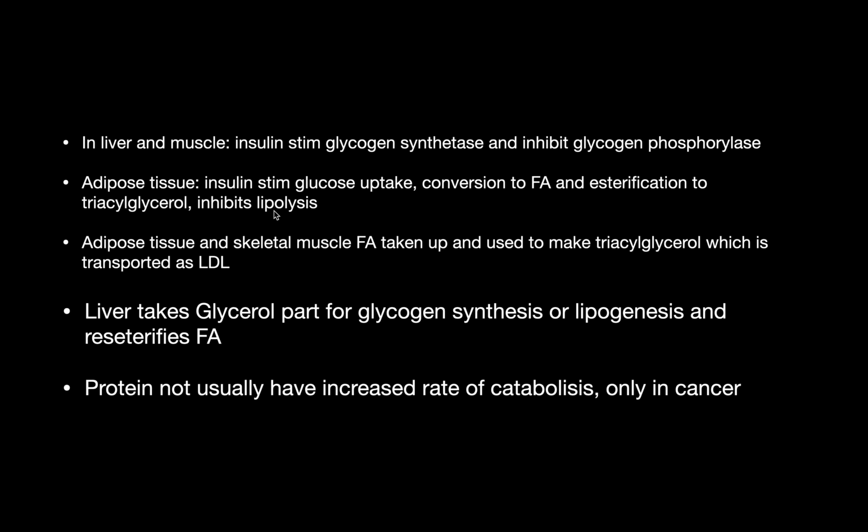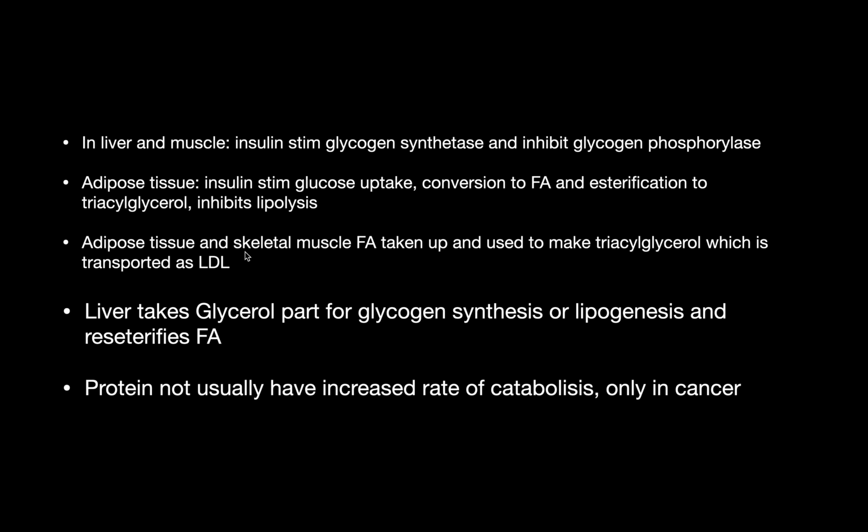In adipose tissues, insulin will stimulate glucose uptake, conversion to a fatty acid, and esterification to triacylglycerol, and it will inhibit lipolysis. Of course, because the adipose tissue is the storage cells, they will stimulate the glucose uptake to sequester it away.